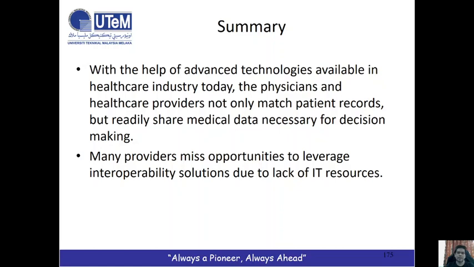Many providers miss the opportunity to leverage interoperability solutions due to lack of IT resources. Due to lack of IT resources means maybe because of some of the vendors, their thinking is about profit, so they want the project to be finished early.